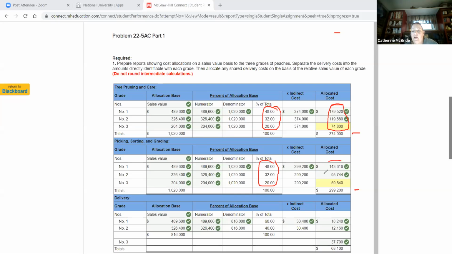The allocation is done based on the percentage of sales for each department. You'll notice that the percentages are going to be the same for these two because the sales are the same.